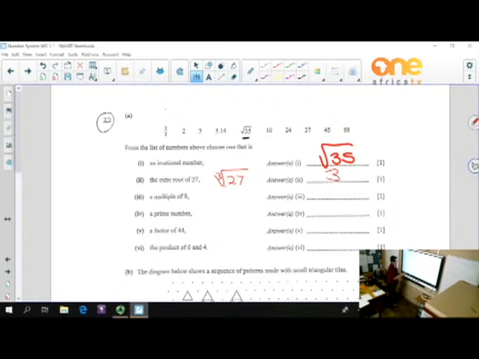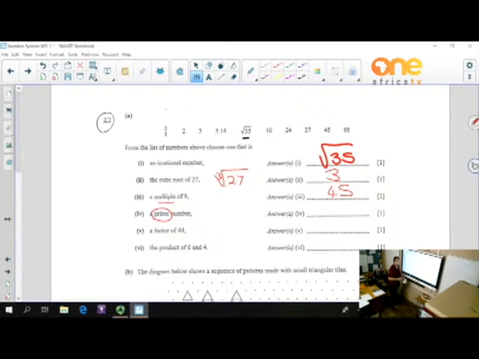A multiple of 9. So 9, 18, 27, and that would be 45. Multiples. Then a prime number. We said a prime number is a number which has only two factors, 1 and itself. 1 is not prime, and 2 is the only even prime number.